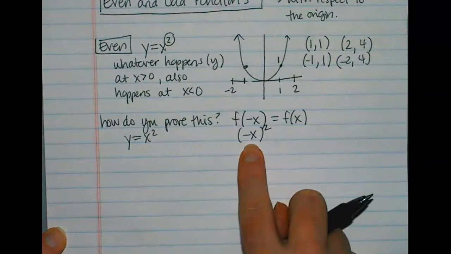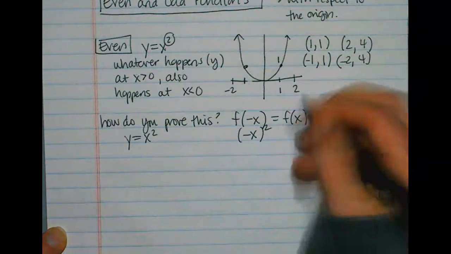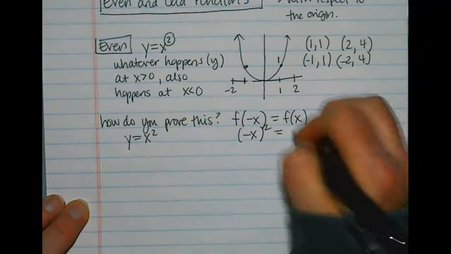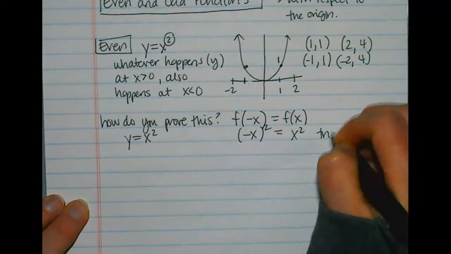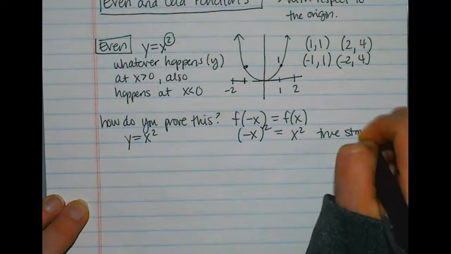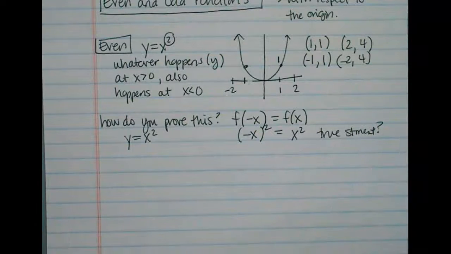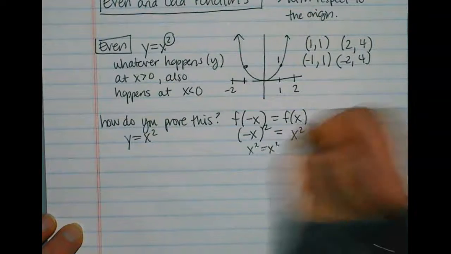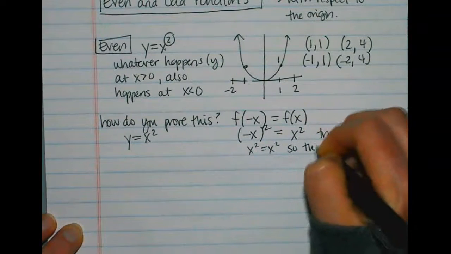I'm going to plug in negative x. And I already know that the function value equals x squared. And you ask yourself, is this a true statement or not? That's a short version of statement. And it's true, because negative x times negative x is x squared. So this is even.